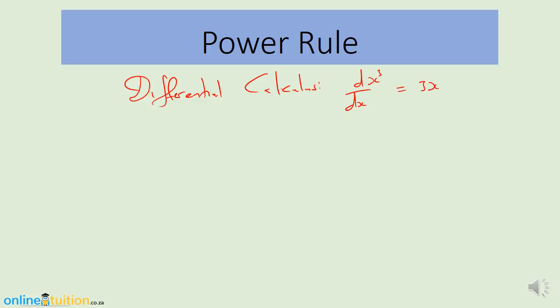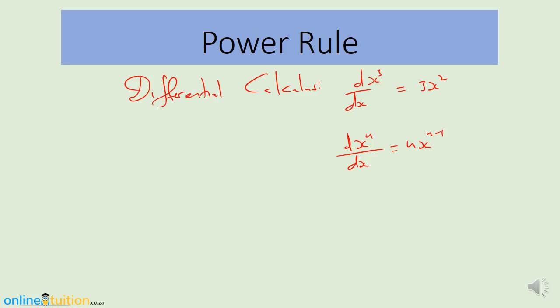The rule tells us to drop the index to the front and subtract 1. So we also know in general that d dx of x to the power n is n x to the power n minus 1: drop the n to the front and subtract 1 from the index. Obviously, there are conditions on what values x can take.